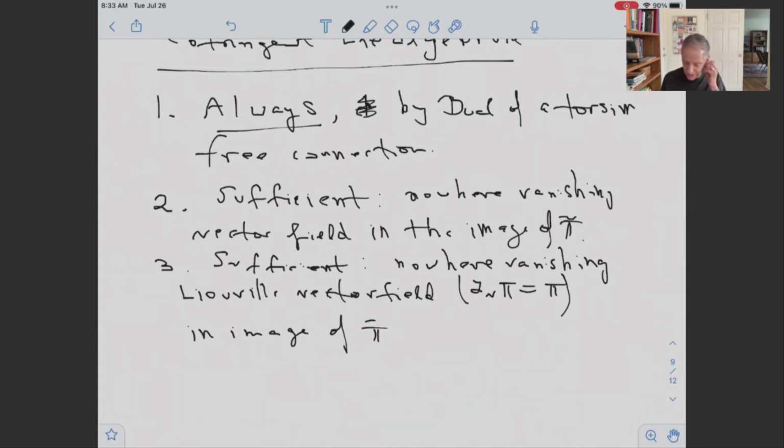So this is a sufficient condition. Maybe it's necessary in this case. No, I think we have examples where it's not necessary, and we have no idea what the obstructions to this are.